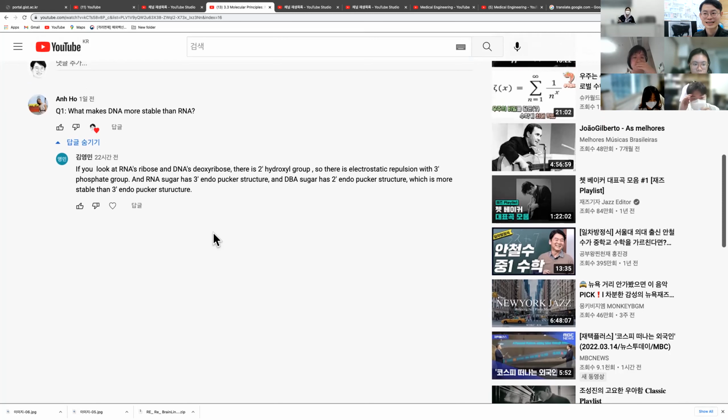The 2' endo-pucker is, ribose has a pucker structure because the ideal carbon angle is 109.5. So ribose has 5 carbons and has two core structures.